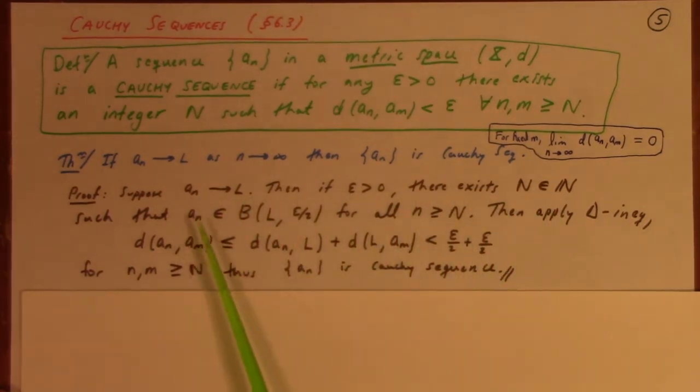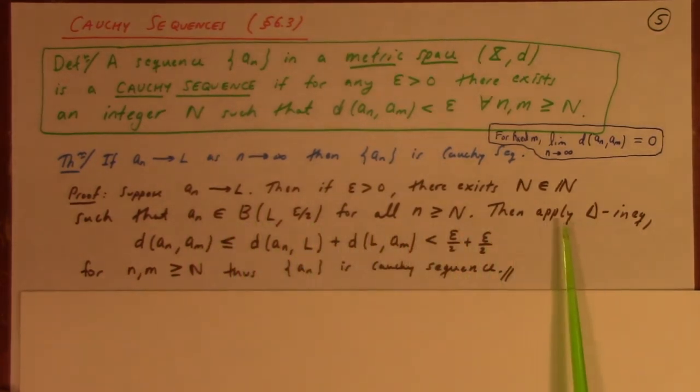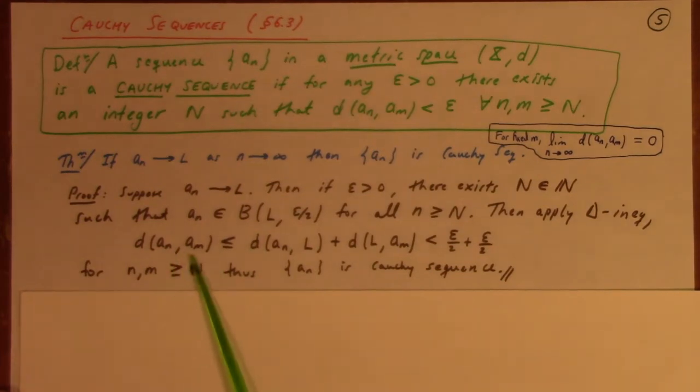There exists N such that you're within epsilon over 2 distance from the limit point for the sequence terms in that ball. That's just another way of writing the distance from L to a_n is less than epsilon over 2. Then we can apply the triangle inequality and notice that the distance from a_n to a_m is less than or equal to the distance from a_n to L plus the distance from L to a_m, which by construction is less than epsilon over 2 plus epsilon over 2.